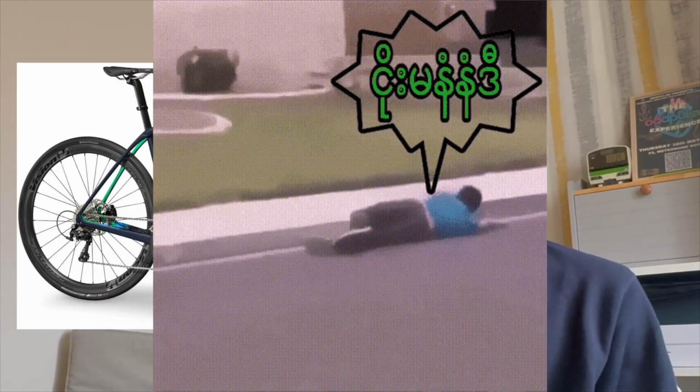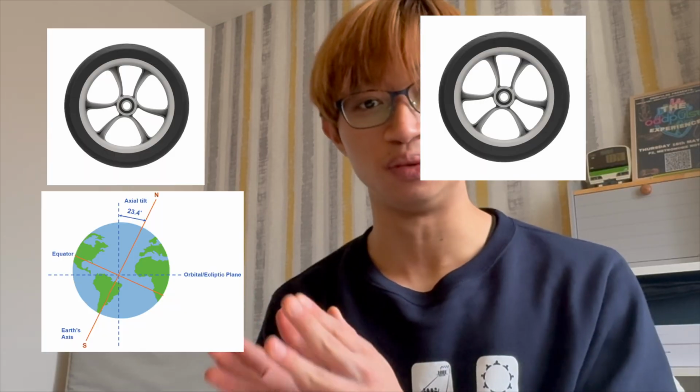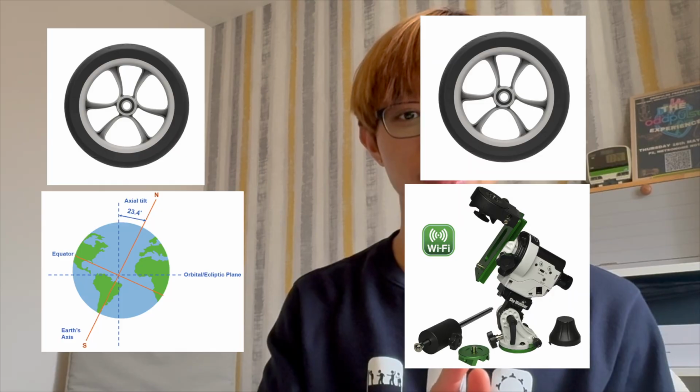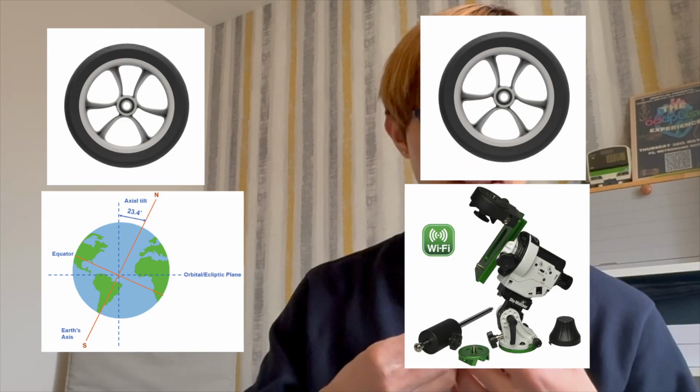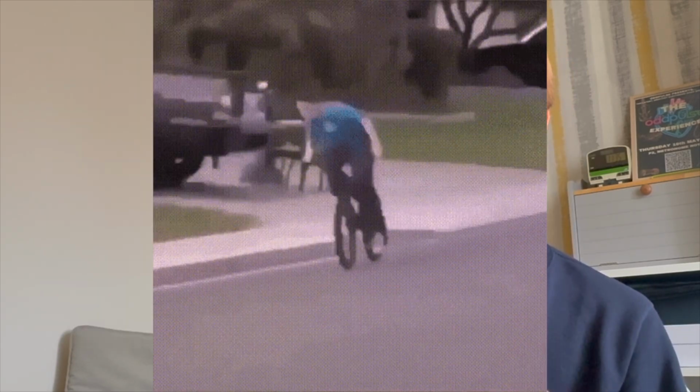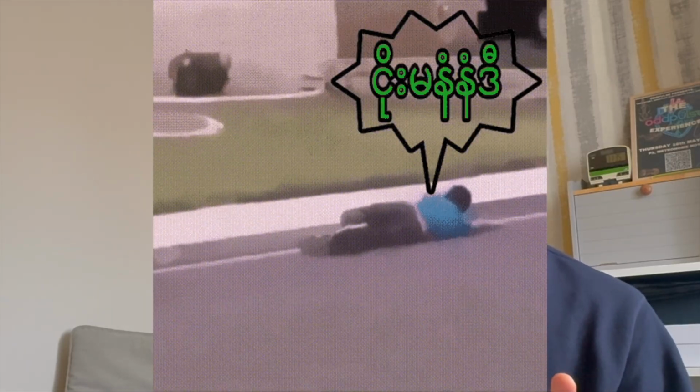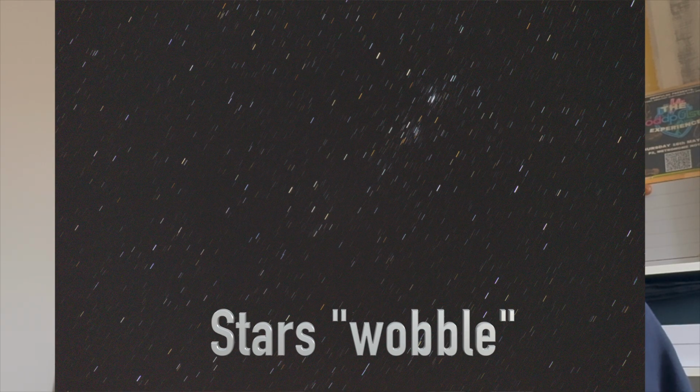If the front wheel is the Earth and the back wheel is the tracking mount, and they're not aligned, it's going to wobble. And the wobble means that the stars aren't going to be pinpoint in your image, because you've got this discrepancy between the direction of the Earth's rotational axis and the direction of the tracking mount's rotational axis.